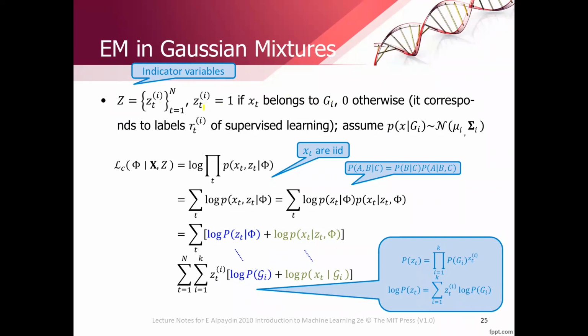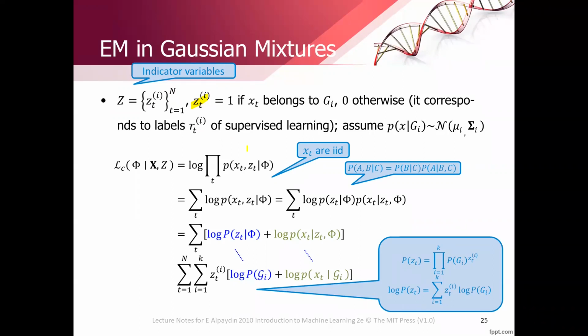So if we have crisp assignment, then we can use the value for the z either 0 or 1, z_t^i, and this corresponds to the labels of supervised learning and also to the assignment in k-means.